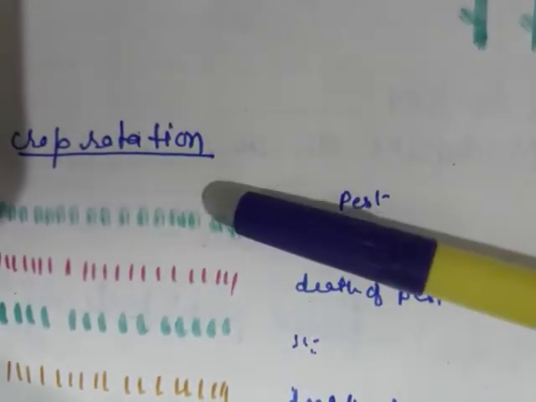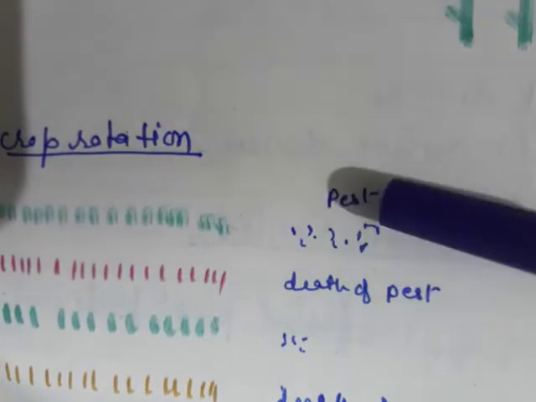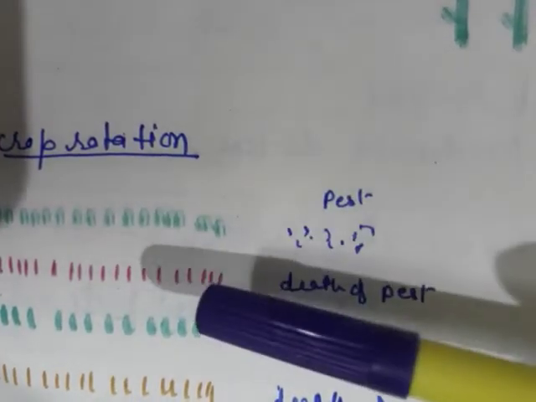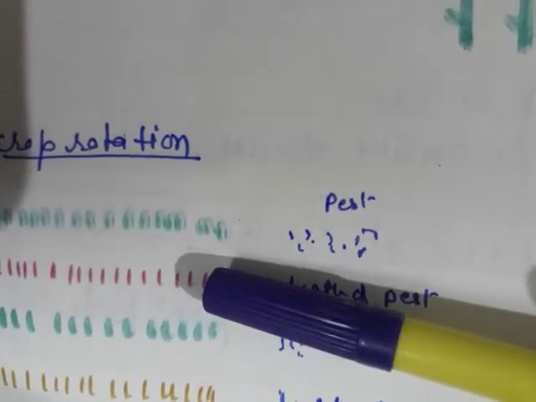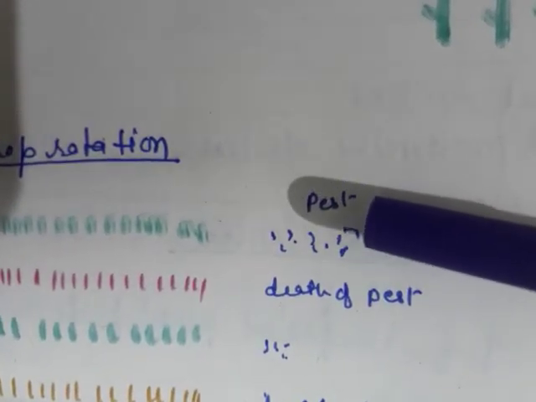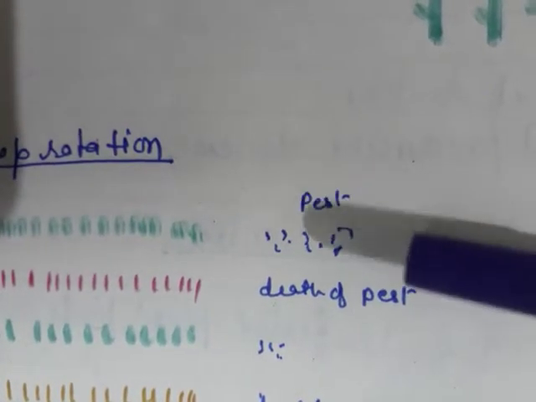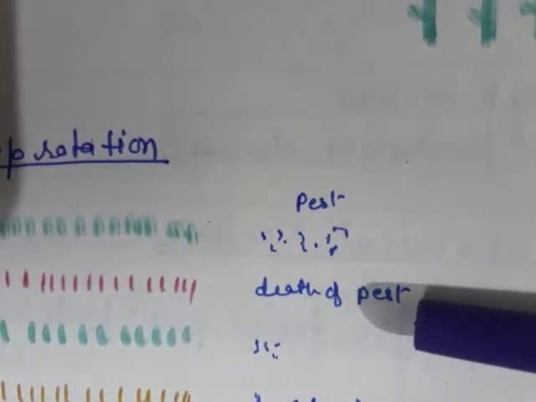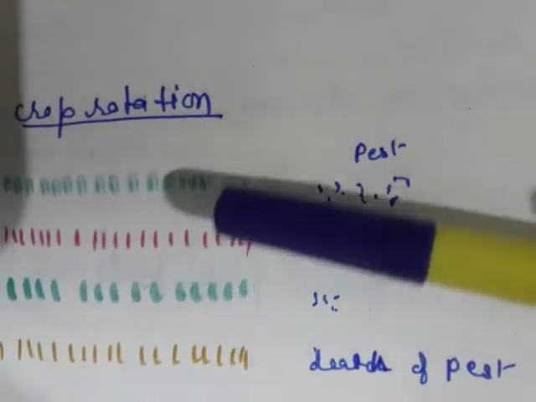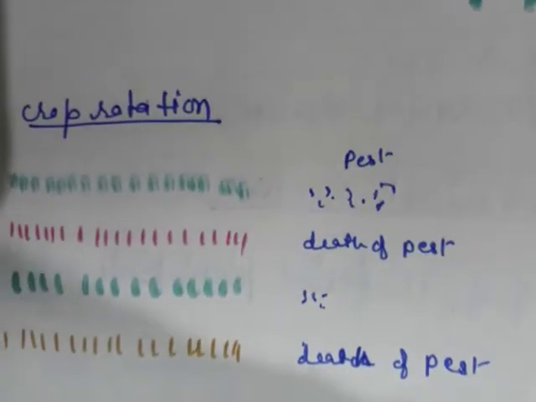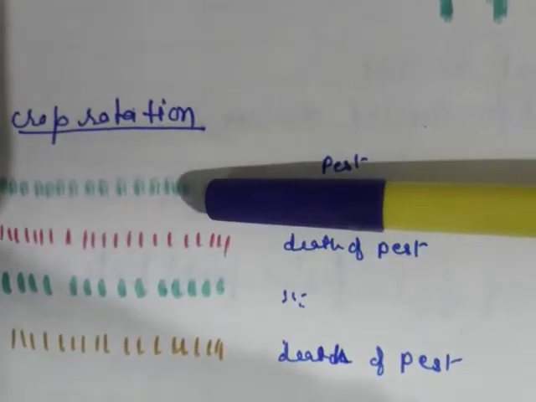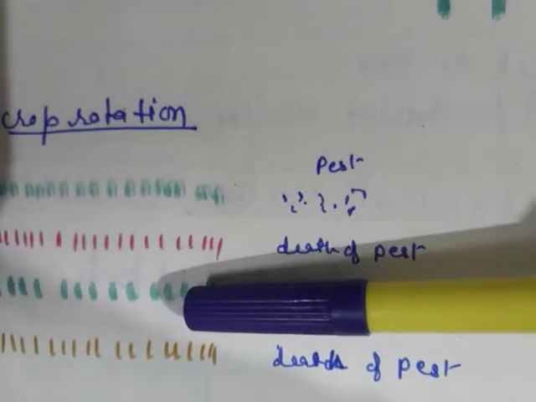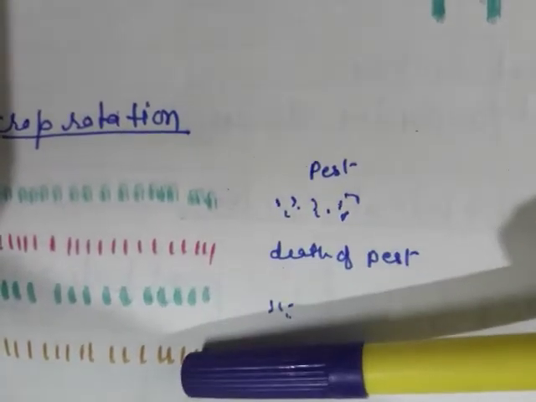By crop rotation, this pest can't destroy this type of crop, and because of that, without food, the result is death of pest. This is known as crop rotation, or one time one crop, then next, then this crop, then next another crop.